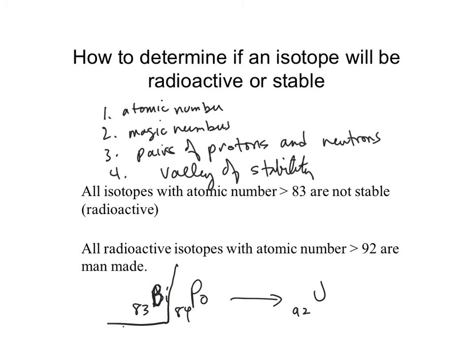Now, going past uranium, starting with neptunium, 93, all the way up to 118, these elements are all radioactive as well, but the difference is that they've only been seen in the laboratory.